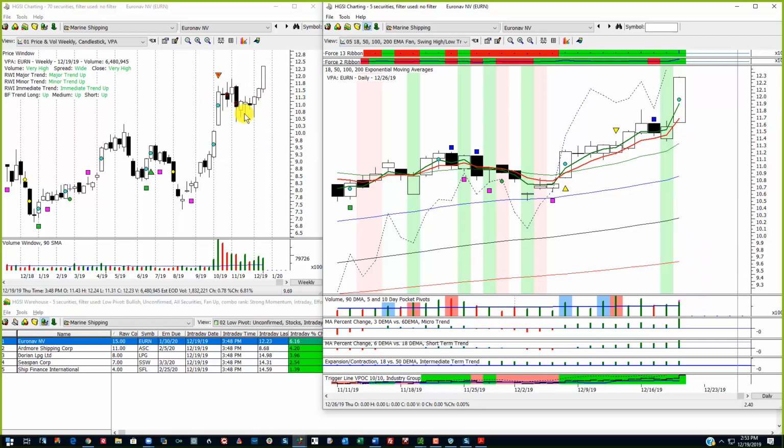Now you can see on the weekly chart that this stock has been basing between 10.5 and, it looks like, one week that got up to close to 12, then pulled back. But notice that most of these weekly candles, not all of them, close near their high, okay?